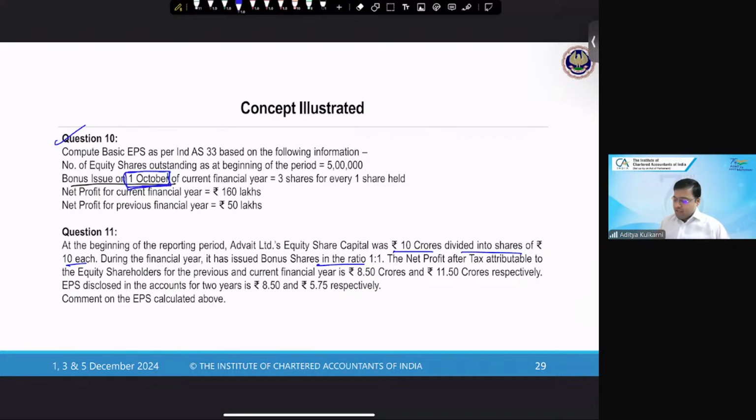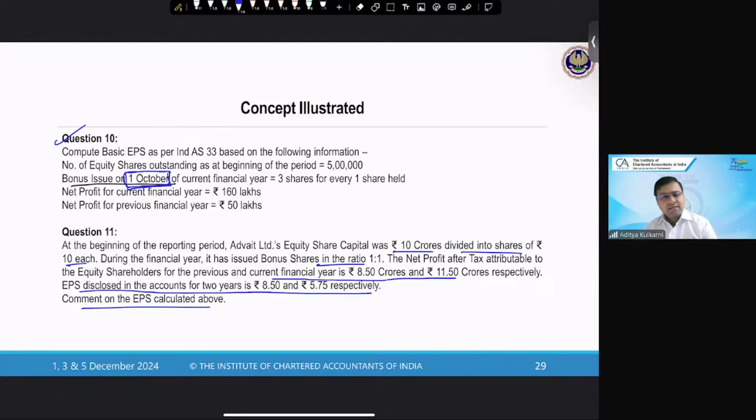The net profit after tax attributable to the equity shareholders for the previous and current financial year is rupees 8.5 and 11.5 crores respectively. EPS disclosed in the accounts for 2 years is 8.5 and 5.75 respectively. Comment on the EPS calculated above. They have not restated, which is why this is happening; so restate and you will get the correct EPS.